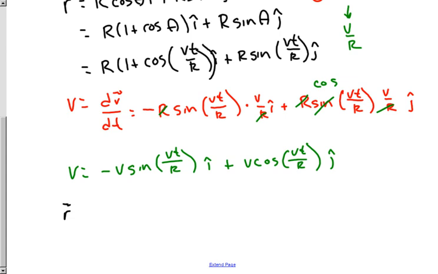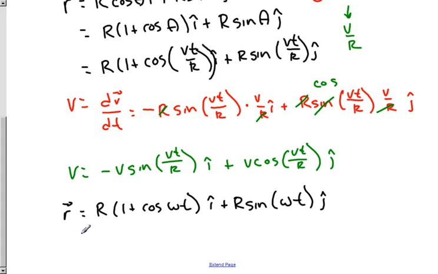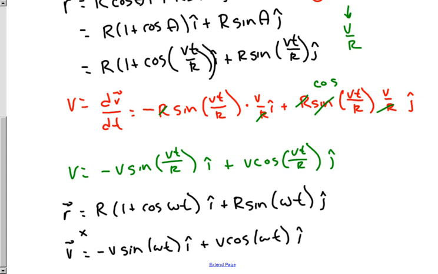So we're left with these two functions for our radius and our velocity. Our radius vector is equal to r times (1 plus cosine of omega t) in the i hat direction, plus r times the sine of omega t in the j hat direction, and we are crossing that with our velocity vector, which is equal to negative v times the sine of omega t i hat plus v cosine omega t in the j hat direction.